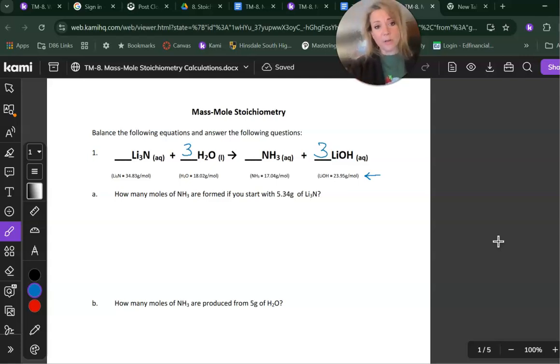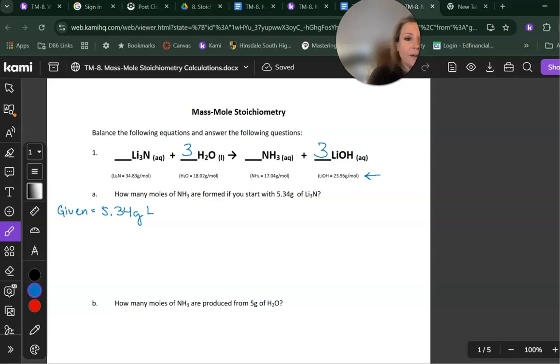Okay, so our question is, how many moles of ammonia, which is NH3, are formed if you start with 5.34 grams of Li3N, which is lithium nitride. So let's first take a look and see what kind of problem we have. We are given 5.34 grams of lithium nitride.